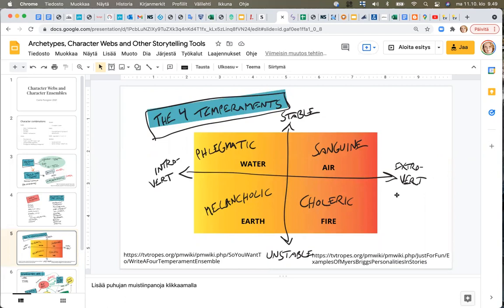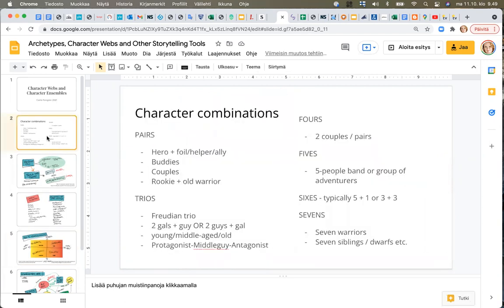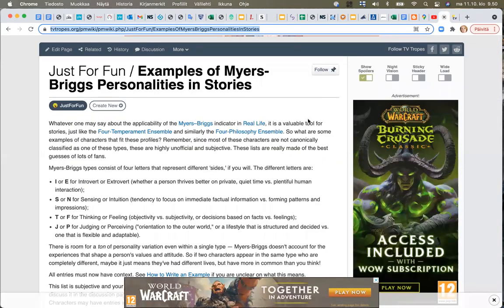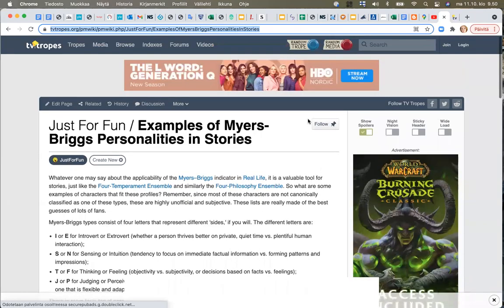So these are ways of constructing a foursome from your characters. And then if we go to fives, there's something called a 5-people band or five-man band. So let's see what I can find about that in TV tropes.